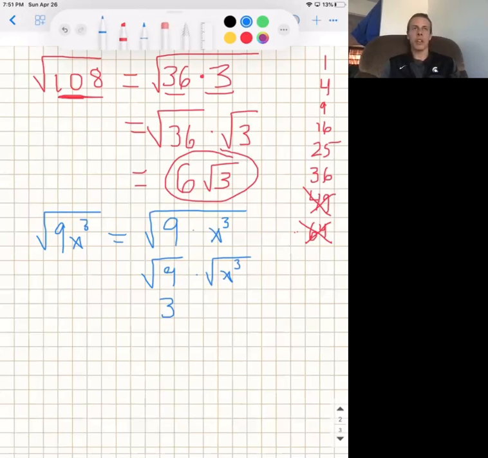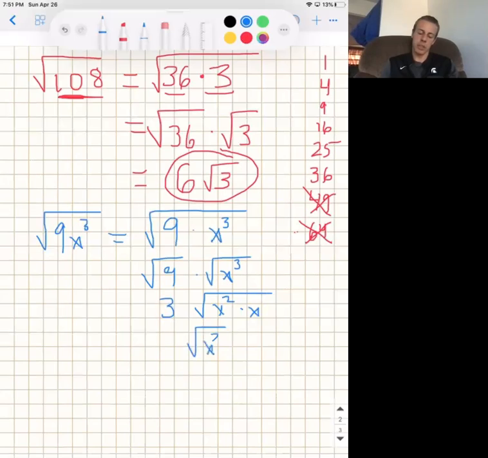And our question is, are there any perfect squares that could go into x cubed? And you might think, well, we're talking about variables here. How is this different? Would you guys agree with me if I told you that x squared times x is the same thing as x cubed? And you say, oh yeah, Mr. Jones, that makes sense. So we can write this as the square root of x squared times x.